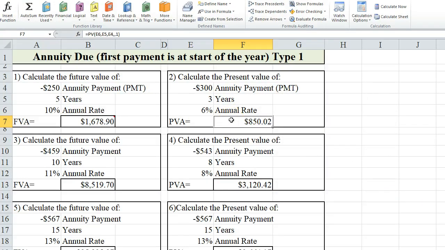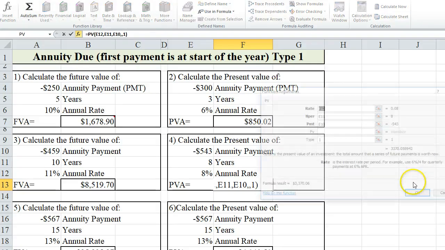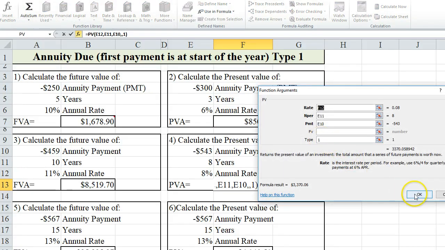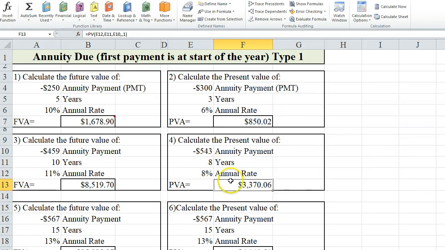And you see how this is actually going to increase the value because there's 1 more year of interest that will be applied. Okay. So when you're calculating these problems, you have to remember to put in that type 1 to denote annuity due. Okay, so let's move on to the next sheet, which is solving for R.